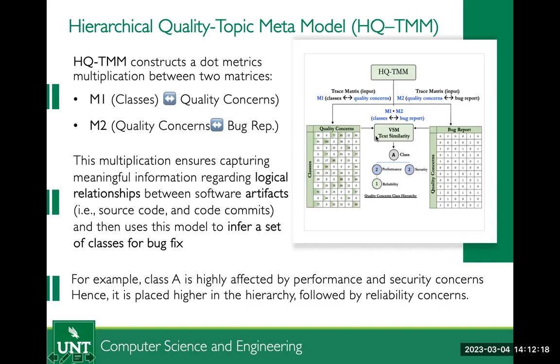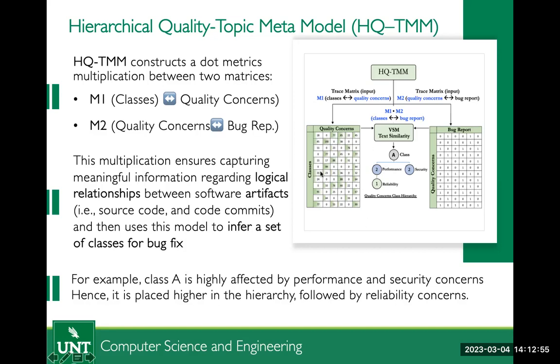As depicted on the left side of the figure, each cell in M1 describes the content of each class and their corresponding code commits affected by quality concerns. The greener the cells in M1, the more those classes contain quality-related content, which is measured by keyword probabilities found in code. If classes do not contain quality-related information, the M1 cells are empty, as those classes are purely functional.